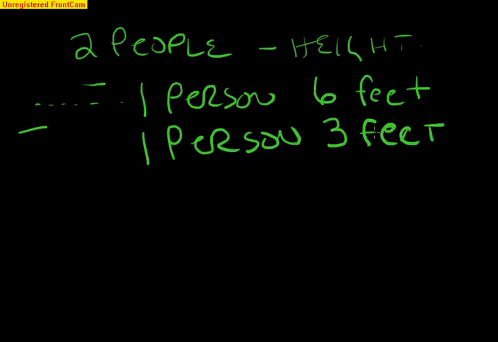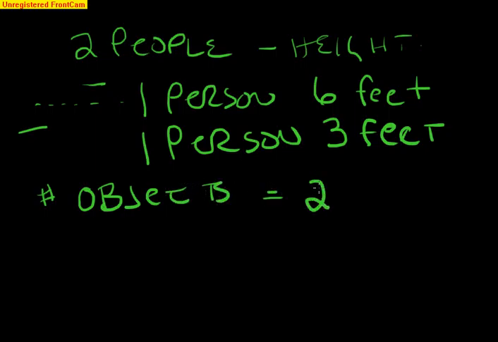Mathematically, the way we calculate an average is we take our total number of objects. We have two people, so the number of objects equals 2, and then we have the sum of the variable, or the number that we're trying to average.